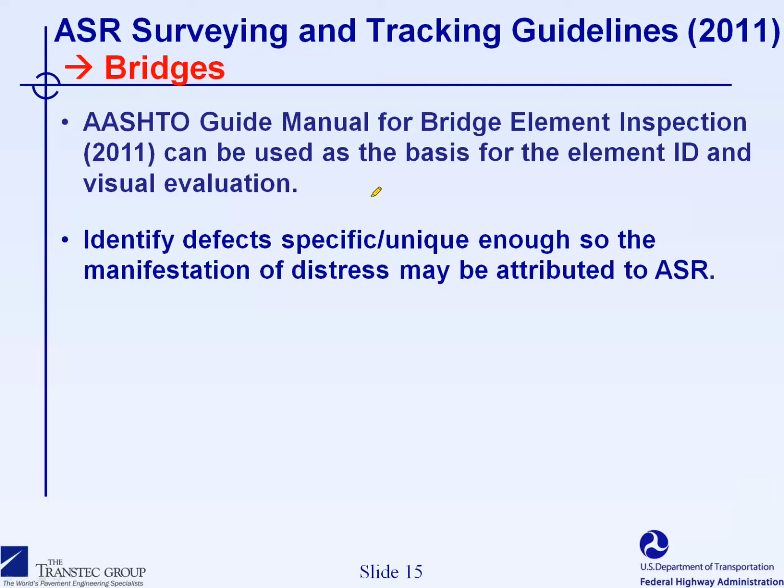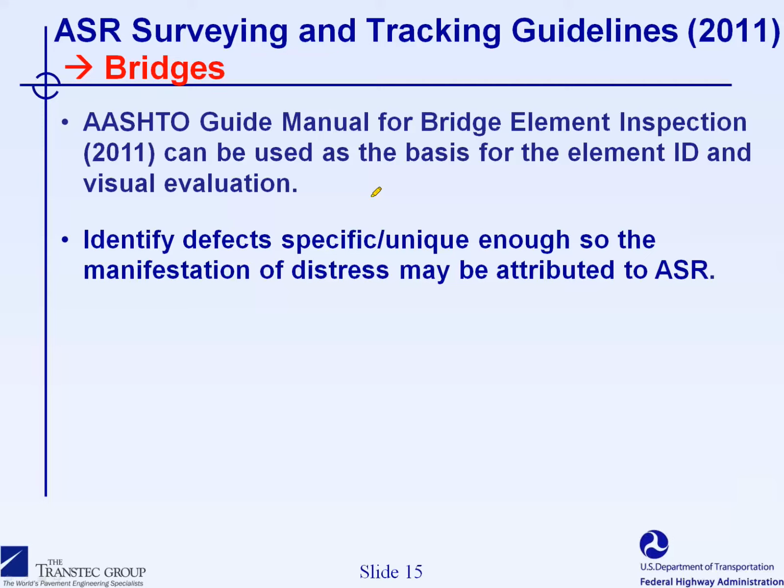So in that document, a lot of information is given to inspectors on how to evaluate the presence of different features of deterioration in bridges, and the identification of those features of deterioration is well explained in that document.